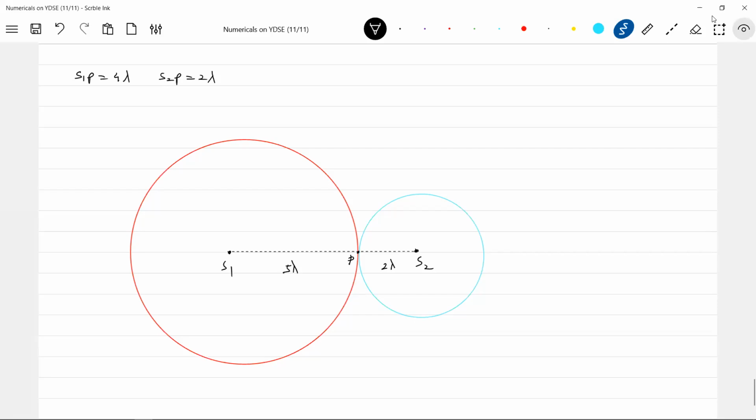So now, instead of the earlier, let the distance of separation between the two sources be 7 lambda. Now I'm going to move around in this circle. How many maximas am I going to measure when I complete that red color and blue color circular path?